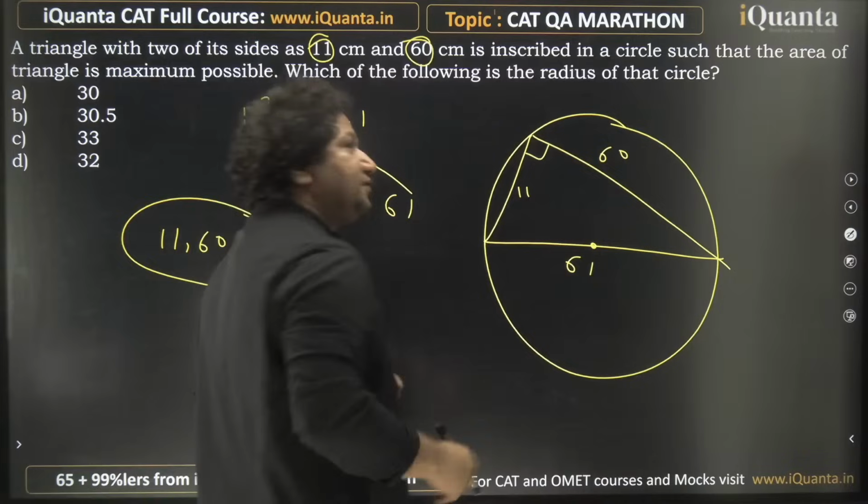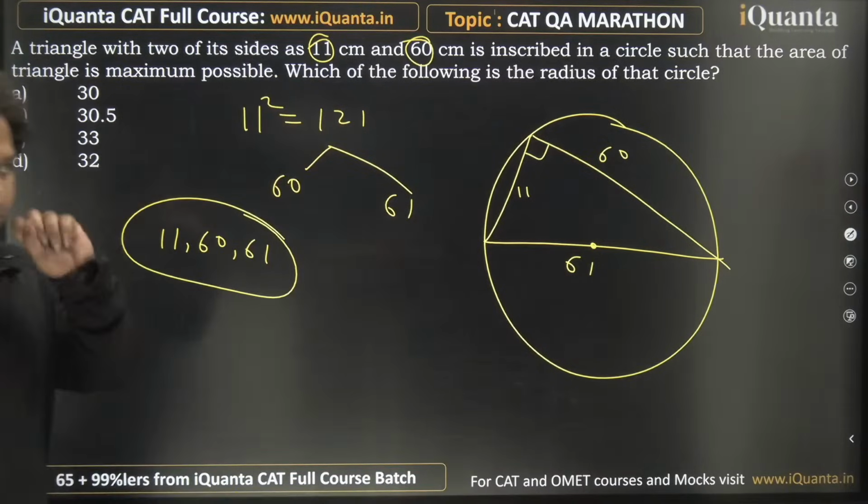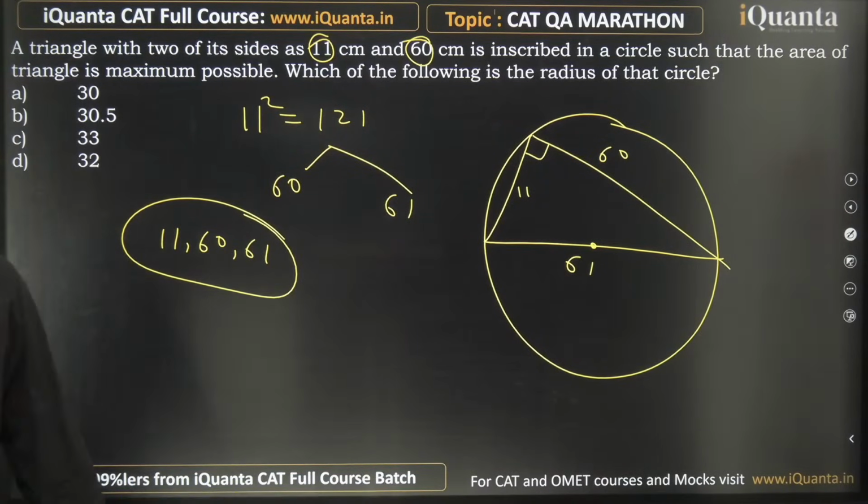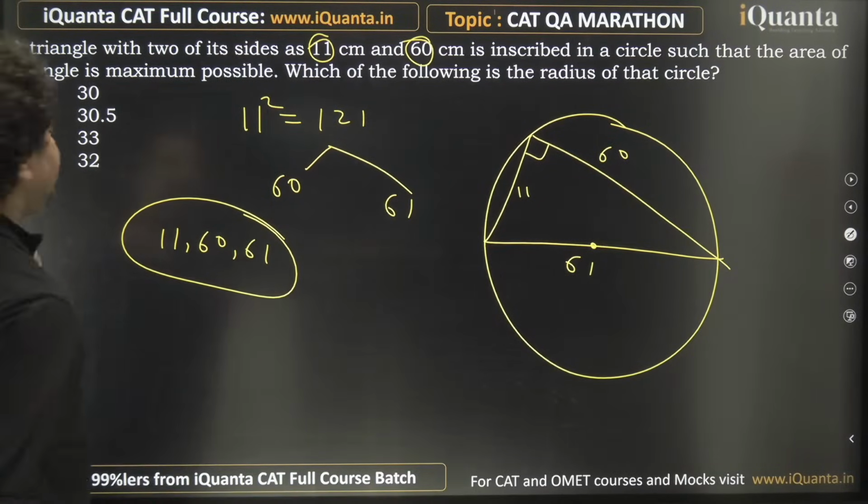Why? Because property of circle is that the angle from the diameter you get a right angle triangle. Clear? And same with the converse of it. अगर वो right angle triangle बन रहा है तो the hypotenuse will be the diameter only. 61 is the diameter, the radius will be 30.5.